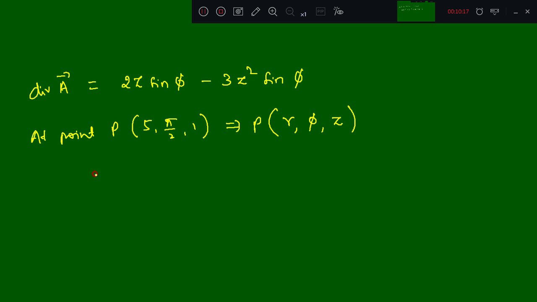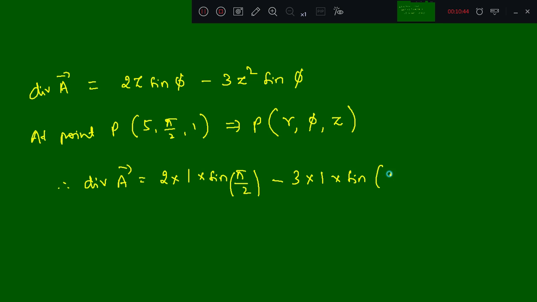Therefore the divergence of A is 2 into z, which is 1, into sine pi by 2, minus 3 into z square, 1 square, into sine pi by 2.